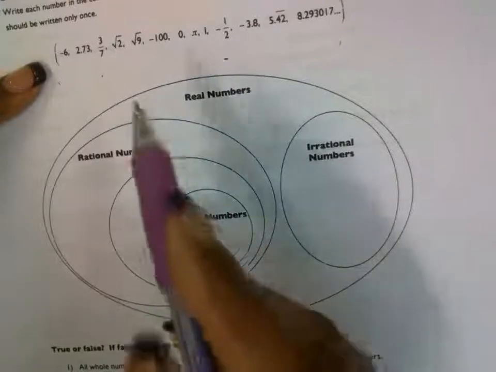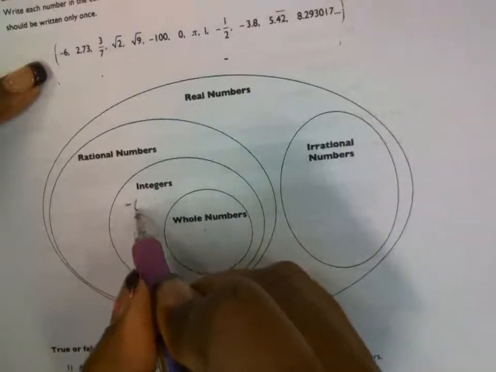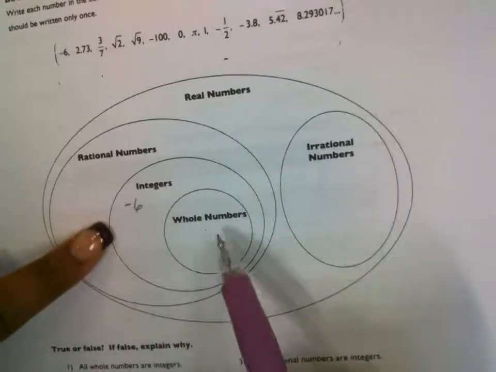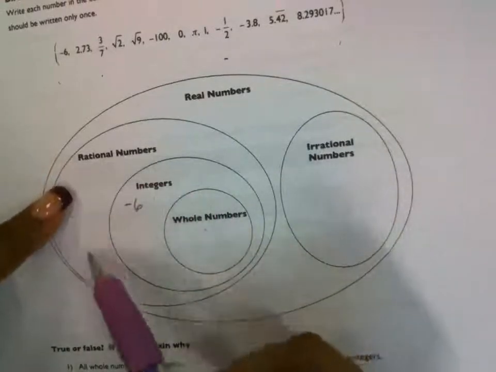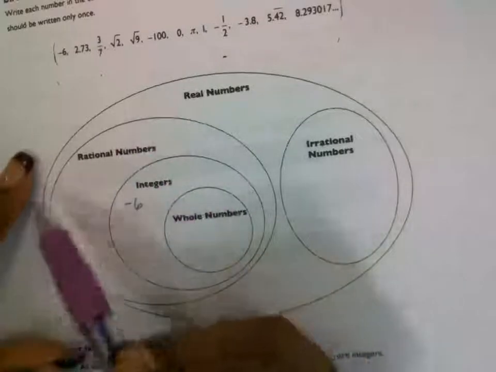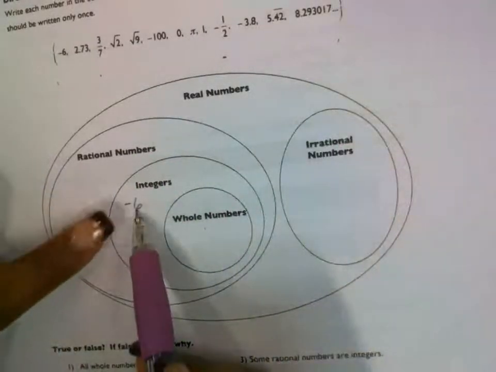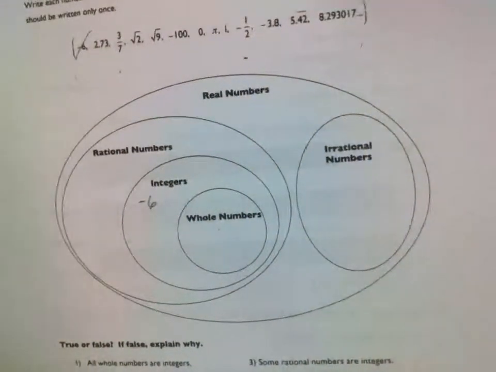No. So we're just going to put -6 under integers because look, this integer circle is still included as a rational number, and it's still inside the big circle of a real number as well. So we're going to put -6 here, and let's mark -6 out because we've already put it in the appropriate circle. Any questions about that?